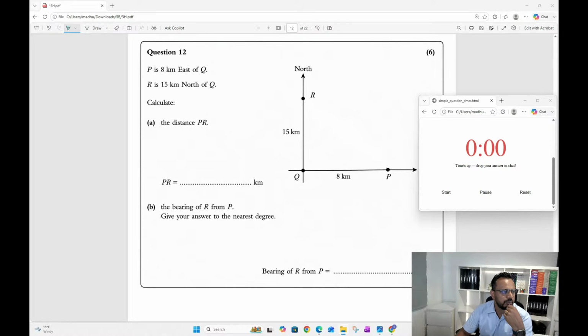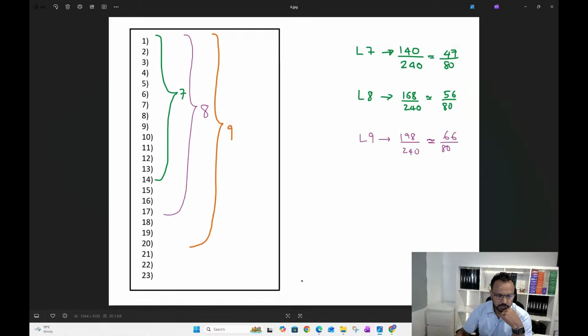I've used the averages from the Edexcel grade boundaries. This is from the previous years, 2023 or 2024, I think.